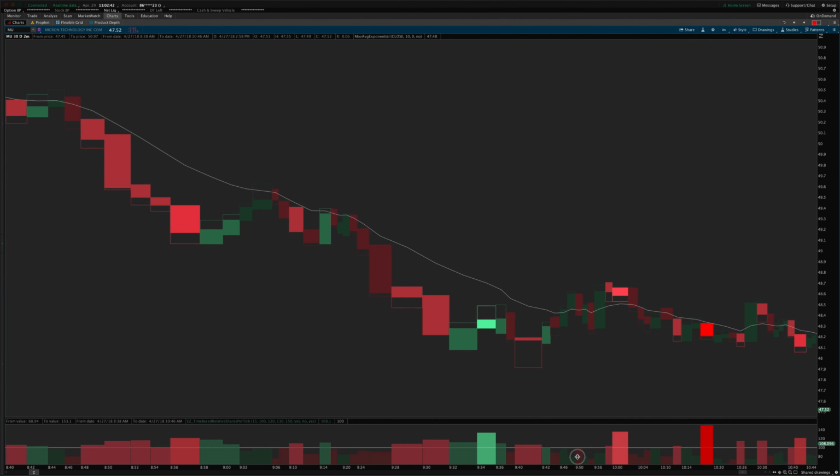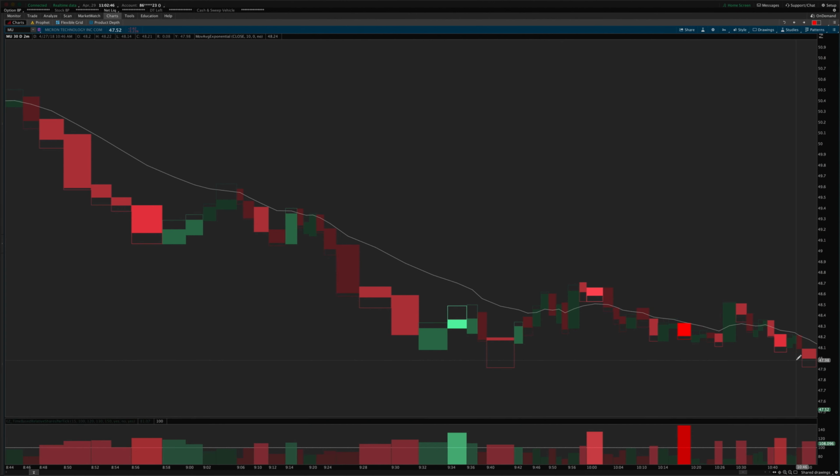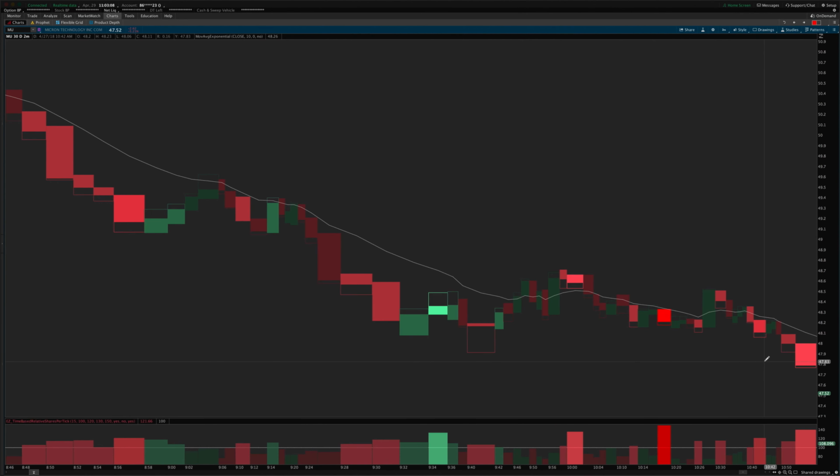Let me expand the, yeah, and this one probably would have worked. This one probably would not have, and it doesn't actually even touch the MA there. But I probably still would not have taken those because we're just not in a high clarity type of situation. This is all just kind of chop.